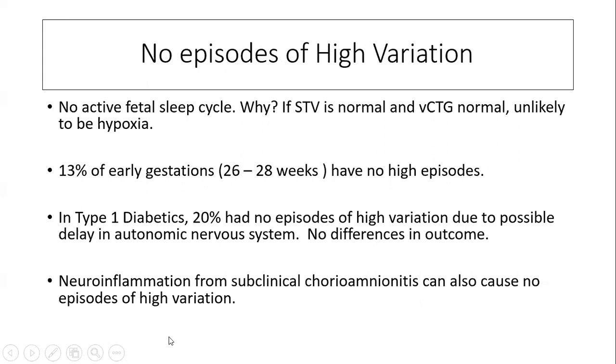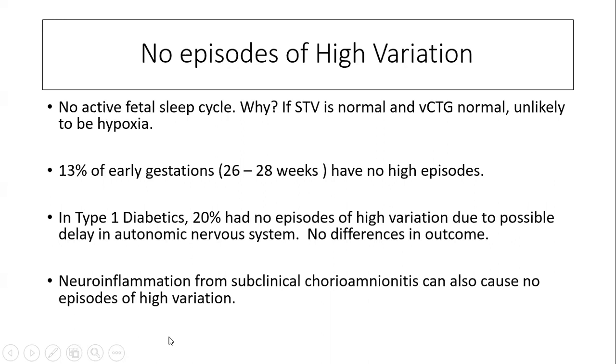If the reason criteria is not met is no episodes of high variation, then the question is, this baby is not coming into active fetal sleep cycles. It's just in quiet sleep. You have to ask yourself, why is this happening? If the STV is normal and the visual CTG is normal, then it's unlikely that there is hypoxia, for instance. But you still need to think about why the baby is not going through sleep-wake cycles.